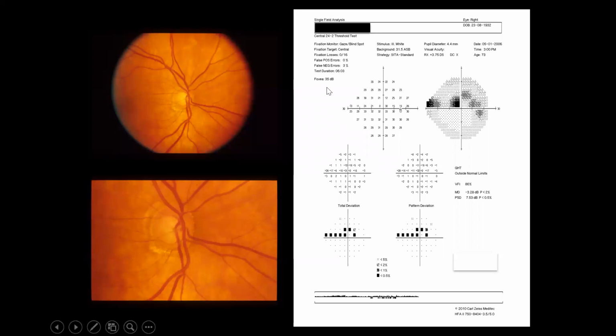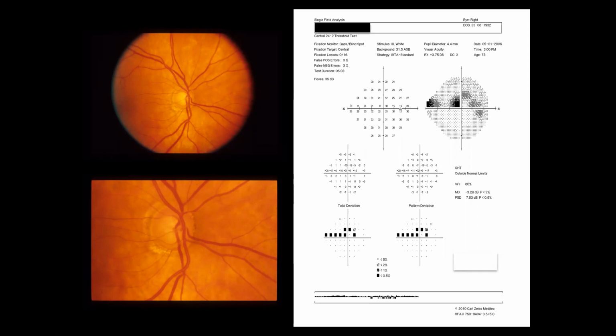So it doesn't make sense that the fovea is having a lower sensitivity while the periphery of the retina is having a better sensitivity. It tells you that there is something wrong in the test. So the fovea should always be on. Test duration is important. A patient who's having a prolonged test duration can tell us that the patient is getting fatigued. Go ahead, Khalid.